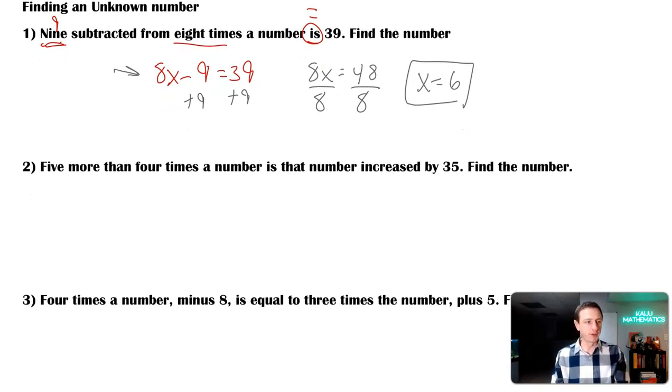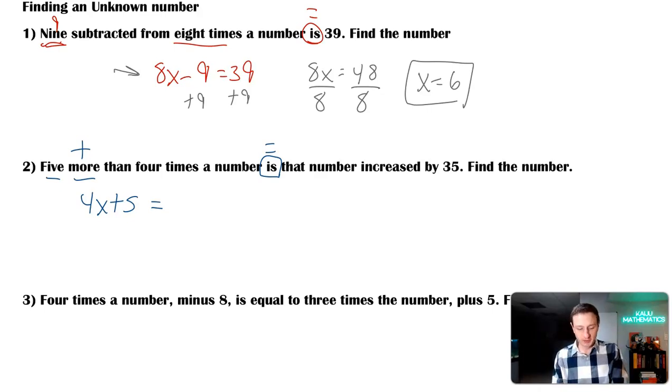Number 2, 5 more than 4 times a number is that number increased by 35. So 5 more, what operation is more? That means addition. 5 more than 4 times a number. So that means I want to add on 5 to 4 times some number. So 4x plus 5, where it is gives us equals. That number is the unknown number.